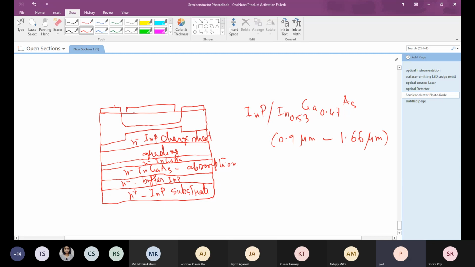This is an anti-reflection coating of silicon oxide, whose refractive index is between air and indium phosphide. This side is P plus InP, so the P metal contacts are here.